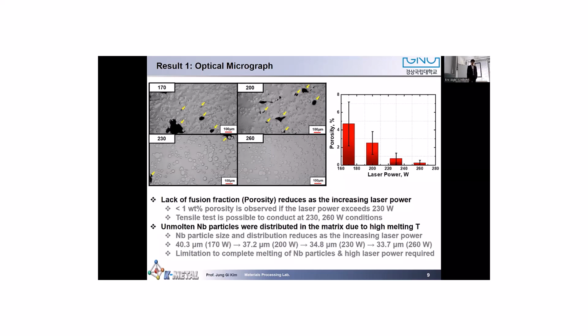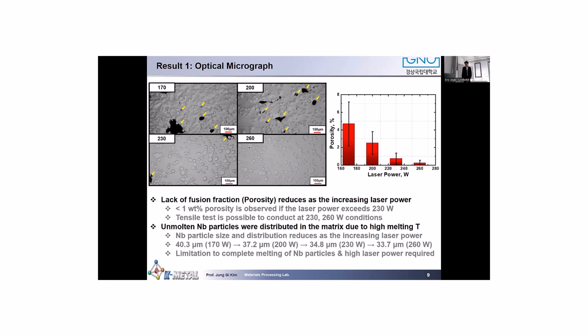As you can see in the optical micrograph, the lack of fusion has drastically decreased after 230 watt cases, but still lots of unmolten niobium particles were distributed in the matrix. So basically this process was unsuccessful because the laser power of this DED machine was too low to completely melt the niobium particles.